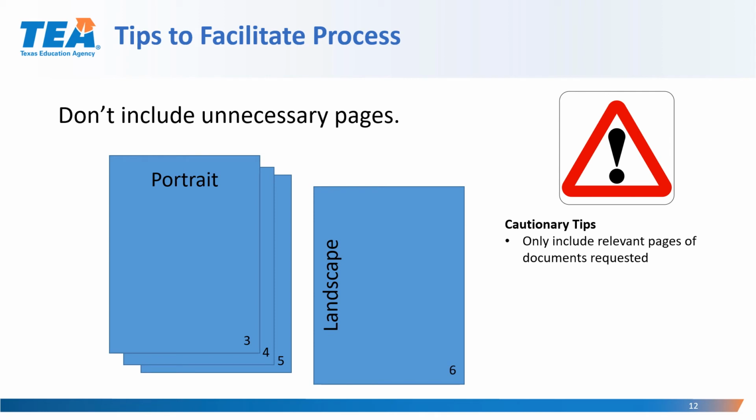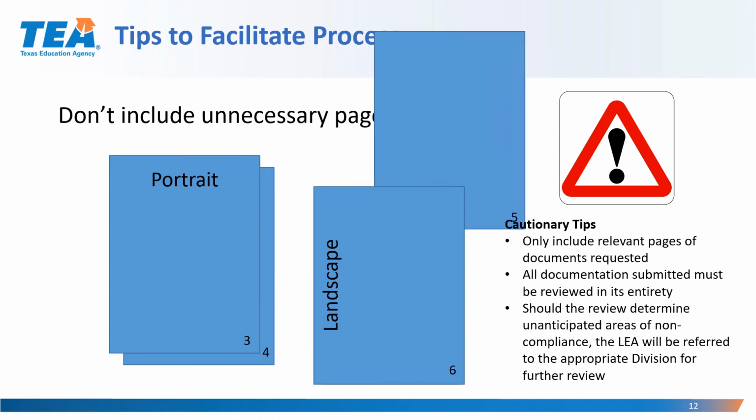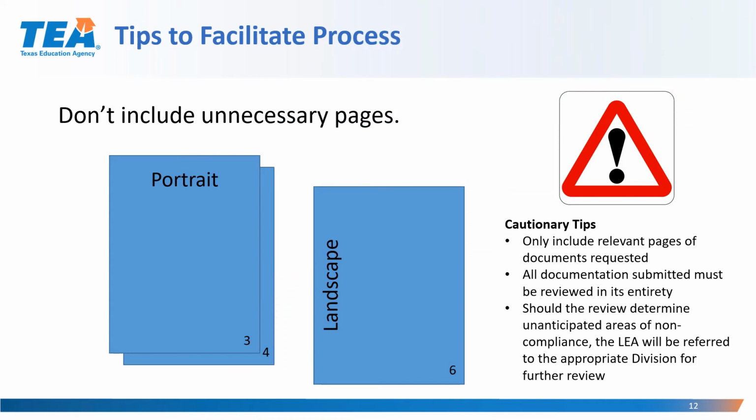Some cautionary tips include: only include relevant pages of documents that are requested. All documentation submitted must be reviewed in its entirety. Should the review determine unanticipated areas of noncompliance, the LEA will be referred to the appropriate division for further review. So if you determine that you have a page that is unnecessary to submit, please remove that page.